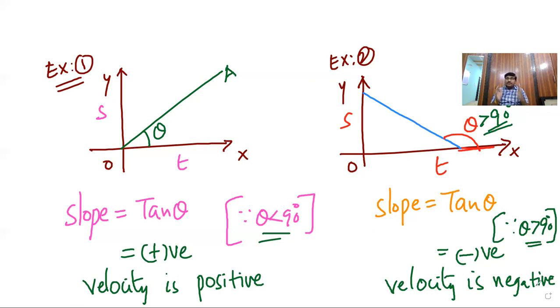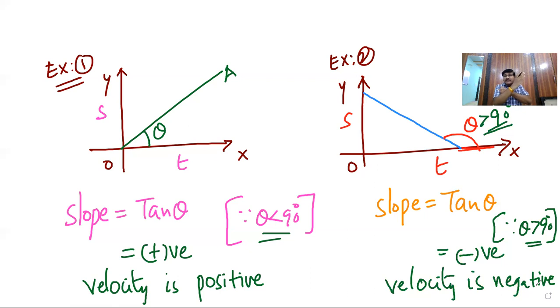Observe carefully. As long as the graph is like this, theta is like this, theta is less than 90 degrees, slope is positive, velocity is positive. But if the graph is like this, theta, always measured with respect to the positive x-axis, is more than 90.